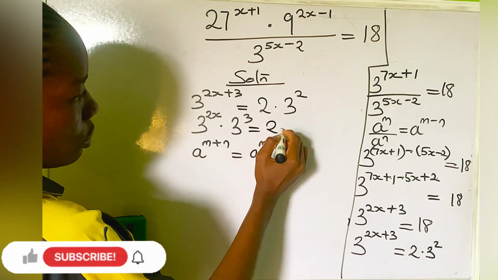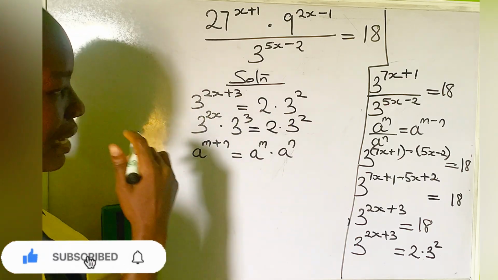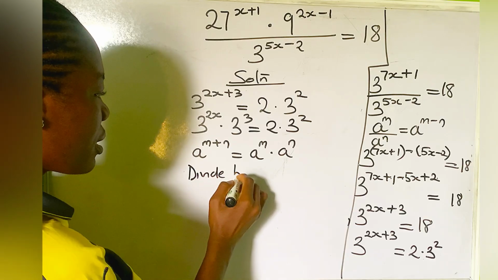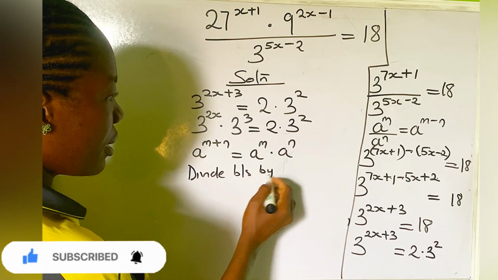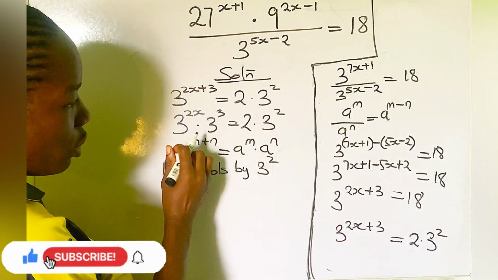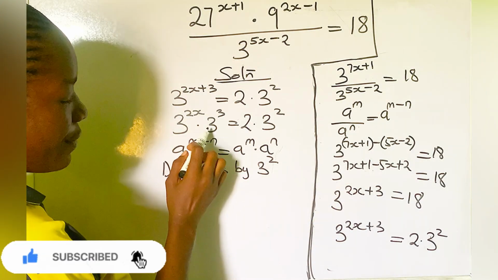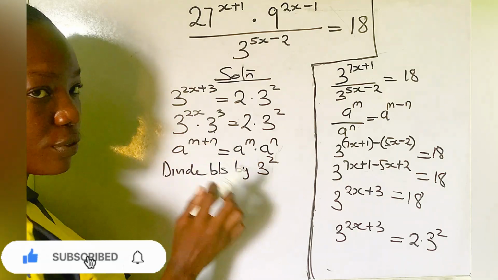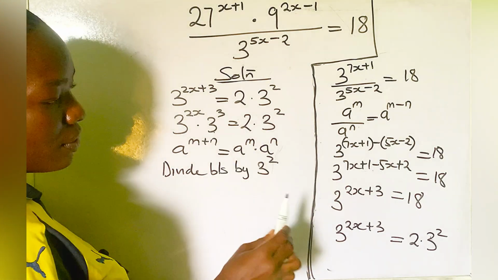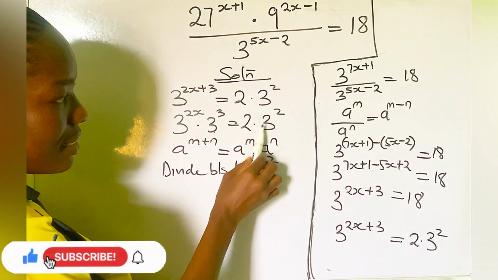So now this is equal to 2 multiplied by 3 raised to the power 2. Now, let's divide both sides by 3 to the power of 2, which is 9. Normally, because you're looking for the value of x, you would have divided both sides by 3 raised to the power of 3. But notice that 3 raised to the power of 3 is 27, and this is 9, and this is 18.